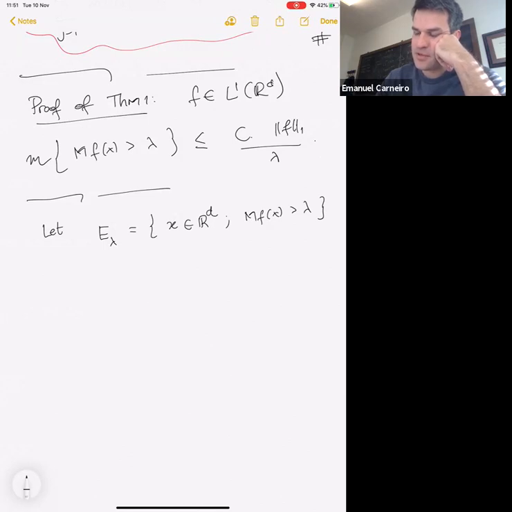So the first observation that I make about this set is that, you could ask me, well, Emmanuel, why is this function Mf a measurable function? Why is this set measurable to start with? I actually claim to you that this set is open.